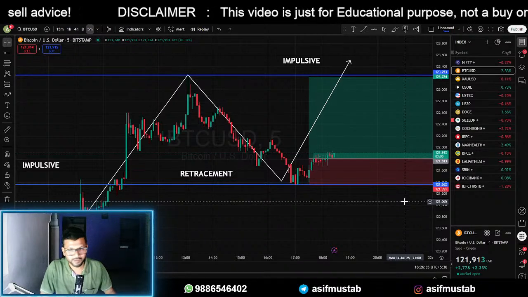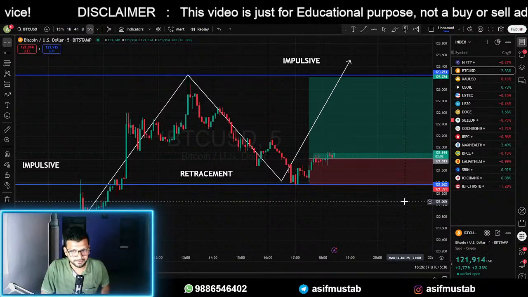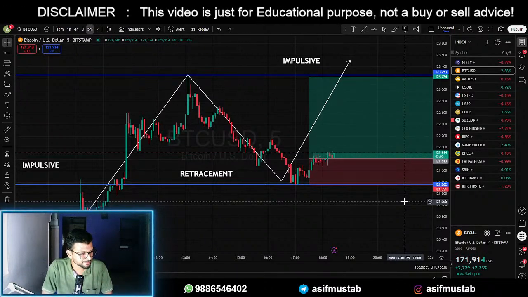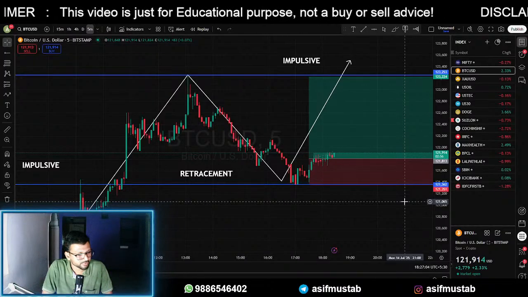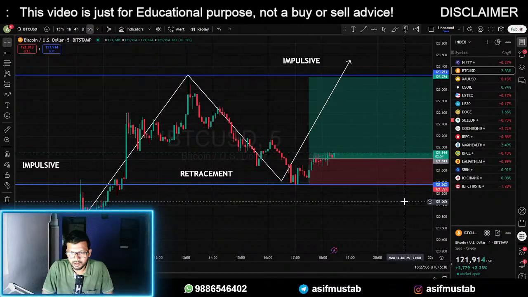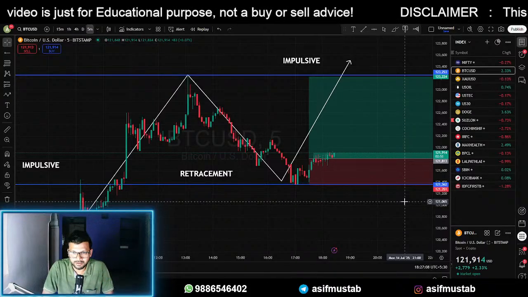Okay, now the BTC started moving upside. We are seeing momentum in BTC. I hope half of our target will be reached soon. If one spike comes, it is enough to reach half of our target.